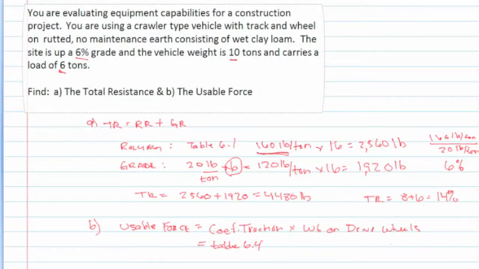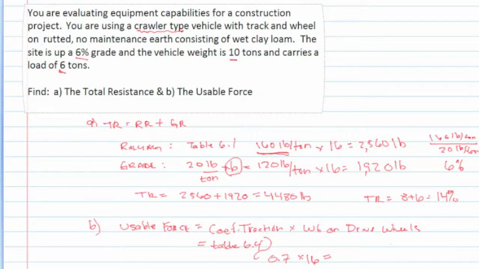So you have this guy, 0.7, and then the weight on the drive wheels, and this is the only tricky part. Most other problems it'll give you what it consists of. Here it doesn't, and that's because it's a crawler type vehicle, which means that you just use the total weight. So that's just times 16, and you get, actually, let me punch that in tons.